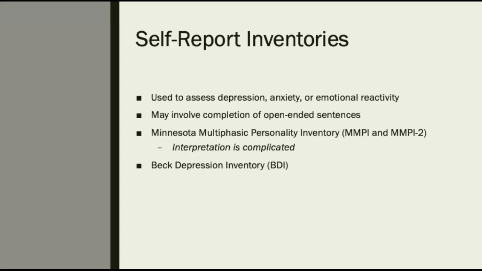There are lots of other inventories, such as the AUDIT to assess for alcohol use, or the DAST to assess for other substance use, or the PHQ-9 to assess for symptoms that might be related to depression or another mental health disorder.